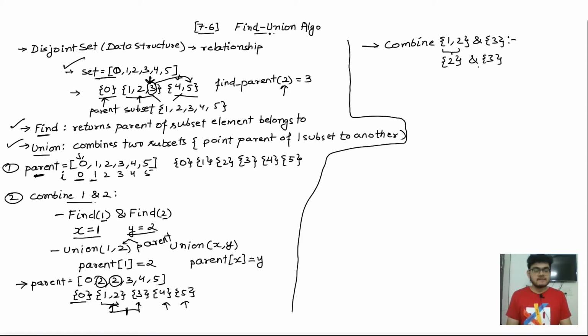So if I say combine 2 and 3, the first thing I need to do is find the parent of 2 and find the parent of 3, right? So what is the parent of 2? Here you can see from the parent array, at the second position the parent is 2. So if both the values that we are given in this find function are equal, we are going to say that it is the parent, right?